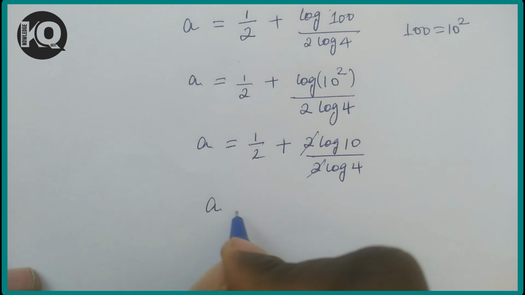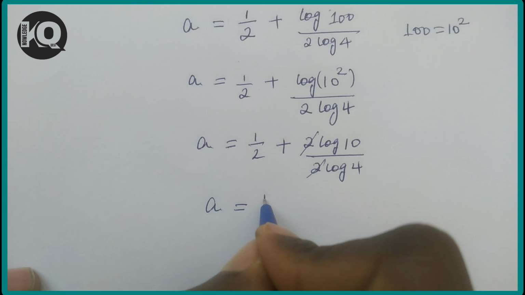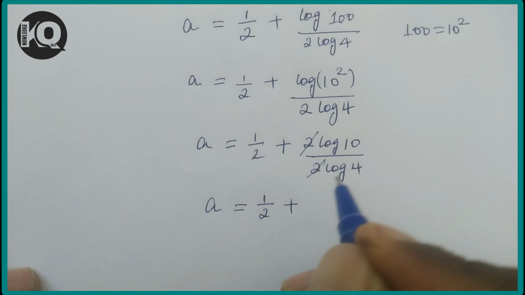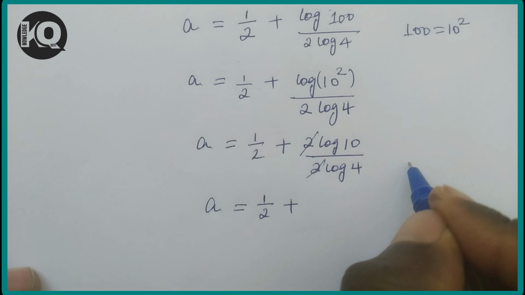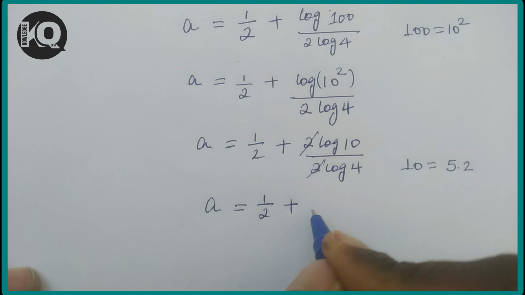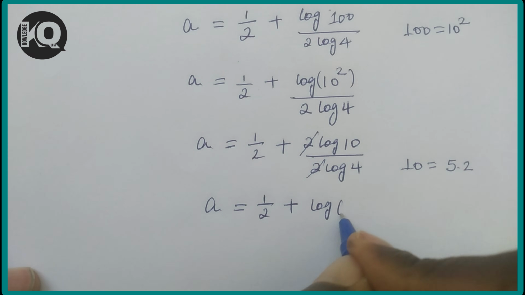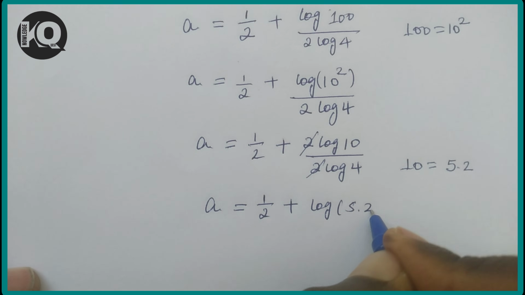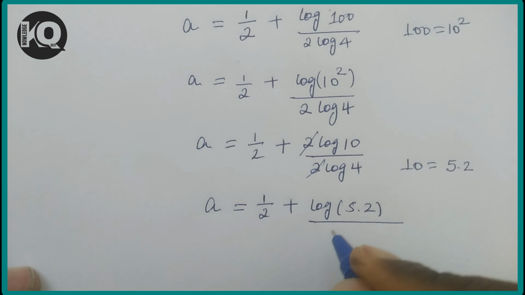Then a is equal to 1 over 2 plus, and this 10 can be written as 5 times 2. So this log 10 will be log of 5 times 2 divided by log of 4.